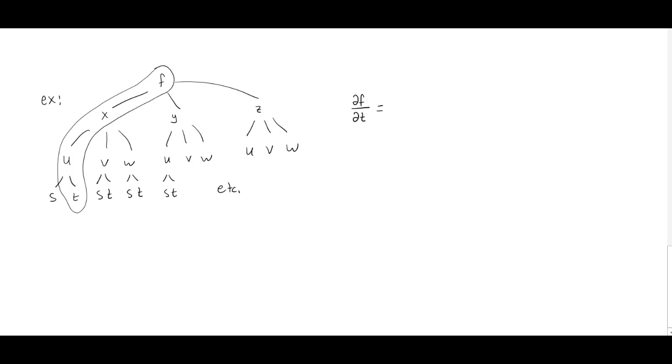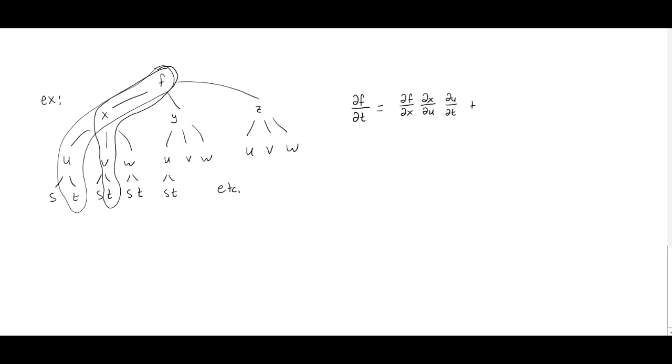So what this tells me is I would need partial of f with respect to x, then partial of x with respect to u, and then partial of u with respect to t. Okay? Can you guys see that? Okay. And then I'll just write out one more. So here's another branch from f down to t. So I would do this one next.